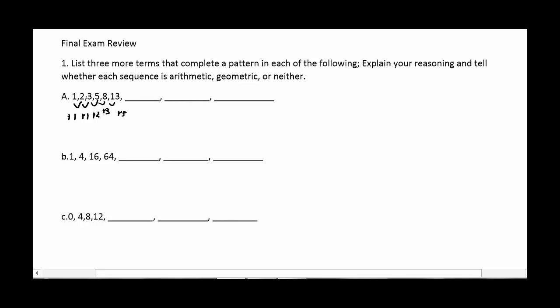So let's see. Is that right? There's a number missing that we don't get to see. But it looks like when I get to 3, I added 1. To get to 5, I added 2 back. To get to 8, I added 2 back.